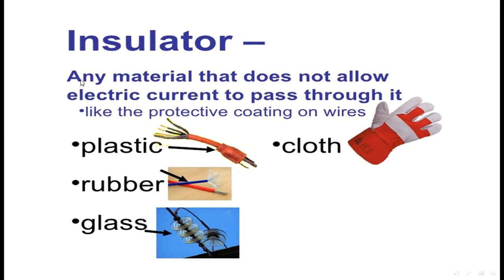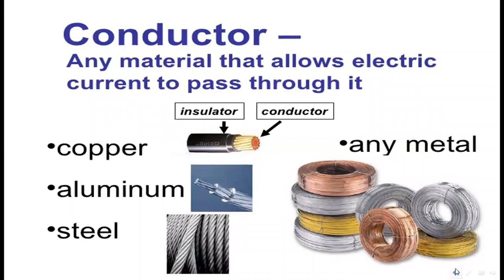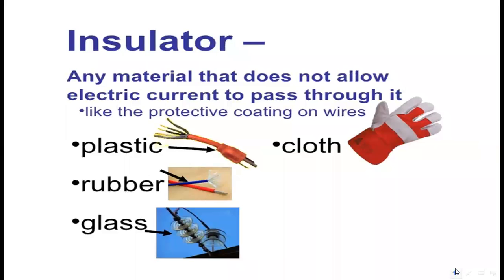So the material which does not allow electricity to pass through is called an insulator, and the material which allows electricity to pass through is called a conductor.